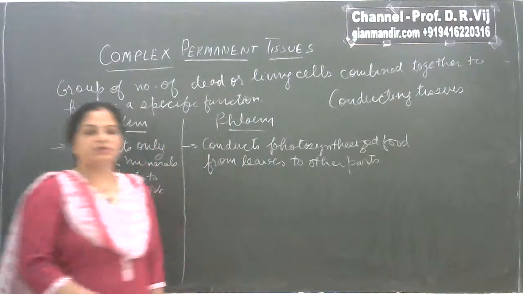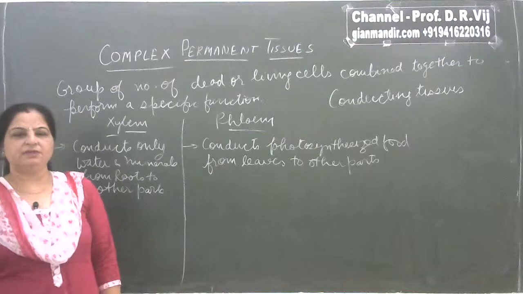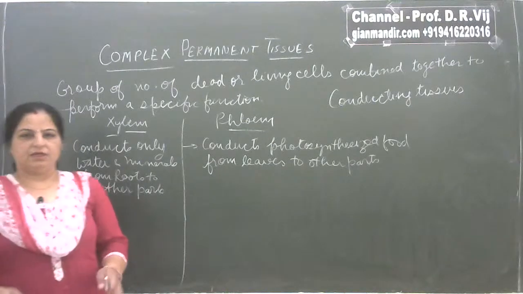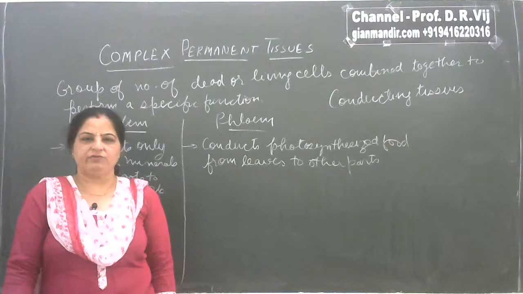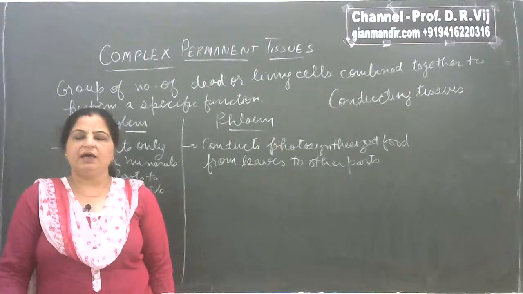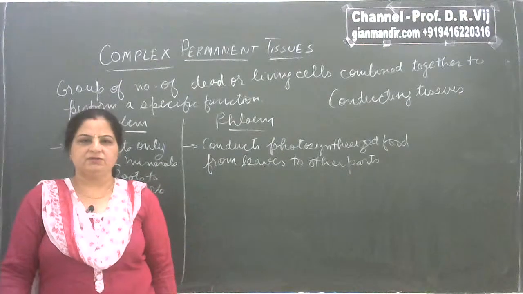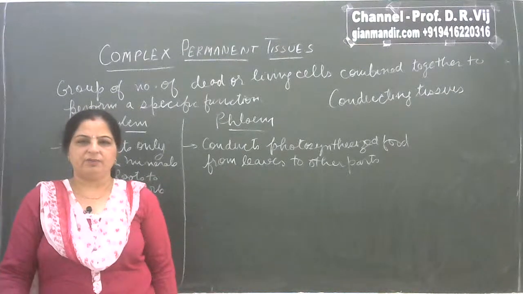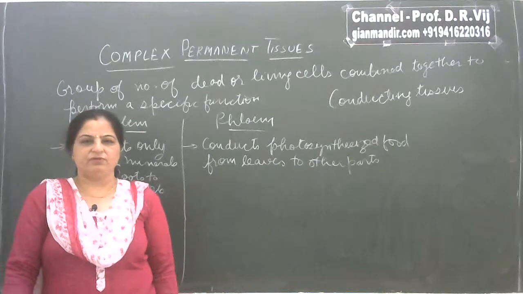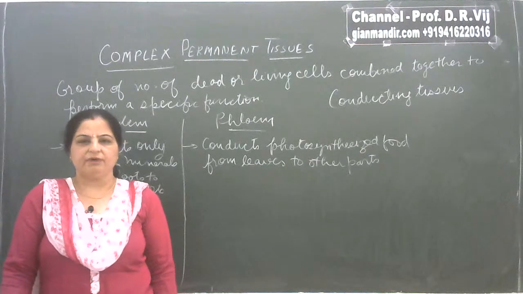So the first major difference between xylem and phloem is that xylem conducts water and minerals absorbed by roots and carries them to various parts of the plant, and the function of phloem is to transport the photosynthesized food from leaves and other green parts of the plant to the various parts of the plant where it is required.